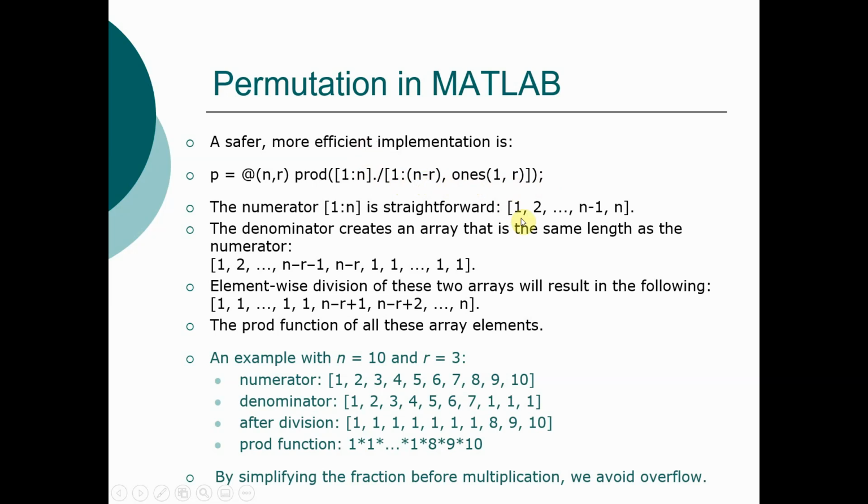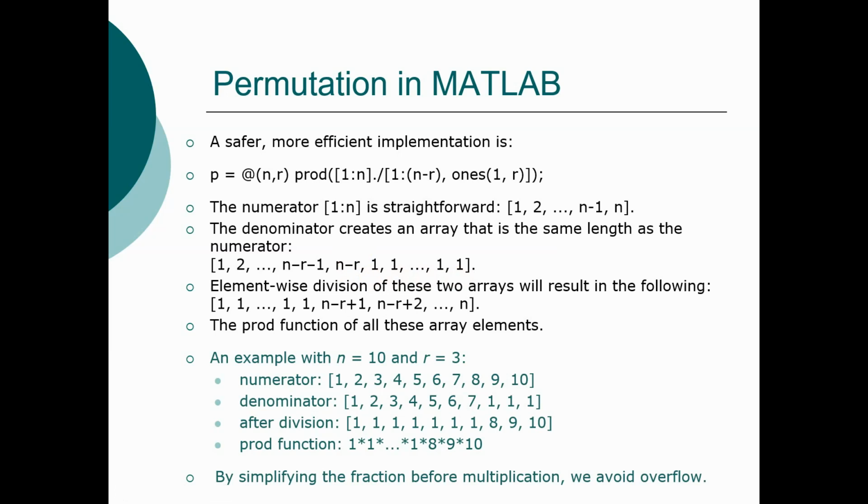The numerator goes from 1 all the way to n. In the denominator, we have 1, 2, all the way to n minus r, and for the rest of the elements, we place 1.